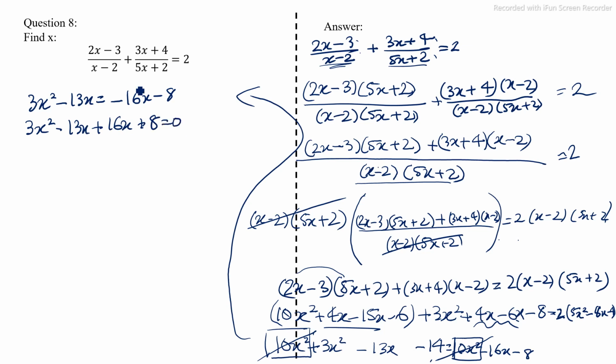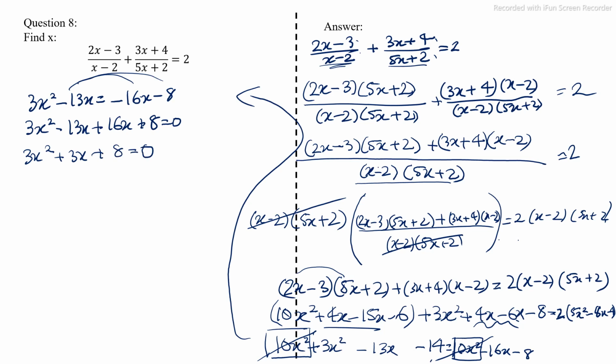If we take this to this side and take this to this side, then we can simplify this even further. So we get plus 3x, because negative 13 plus 16x equals 3x, hopefully, plus 8 equals 0. Phew.